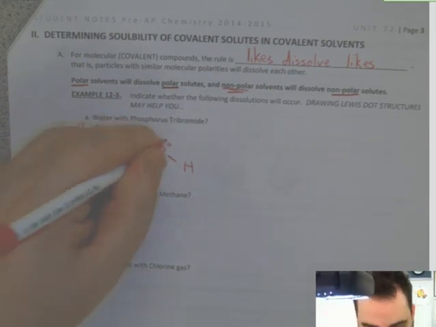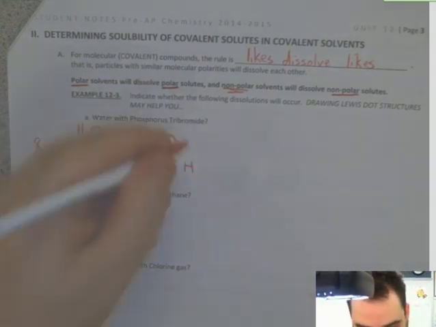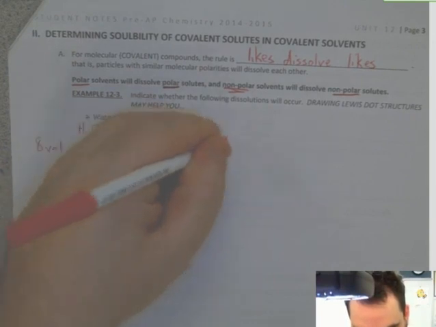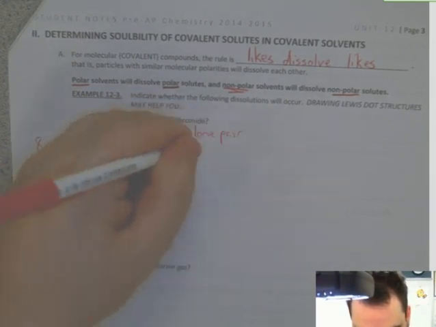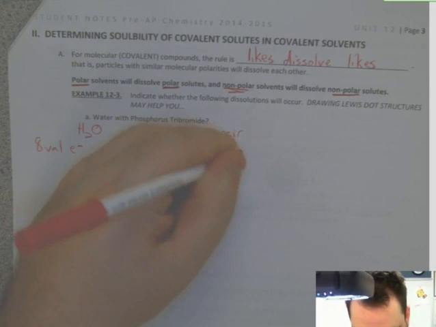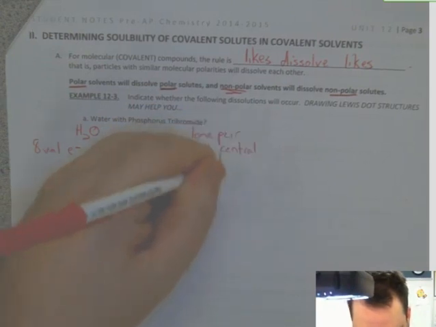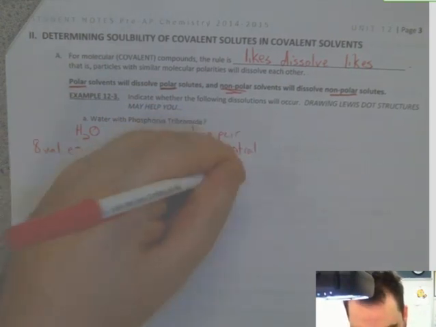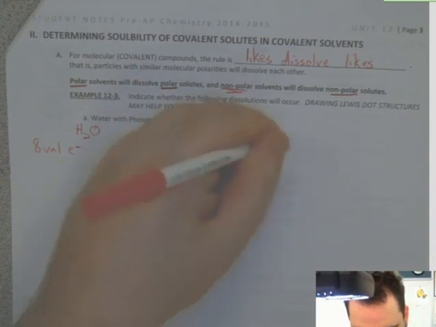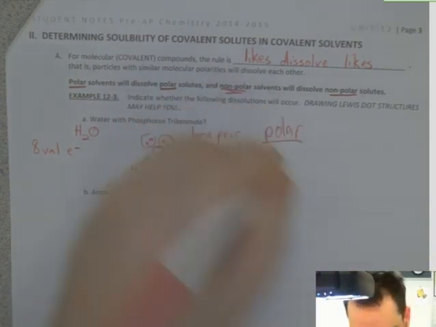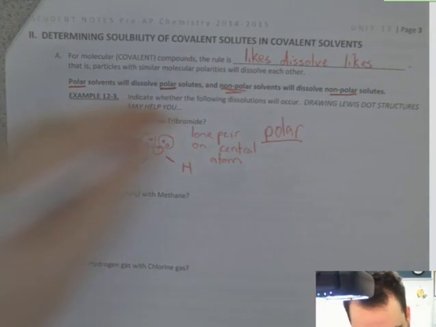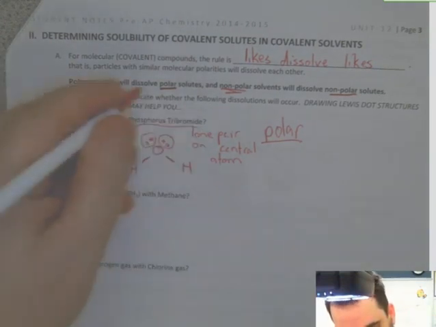Remember, if it has lone pairs on the central atom, it is polar.